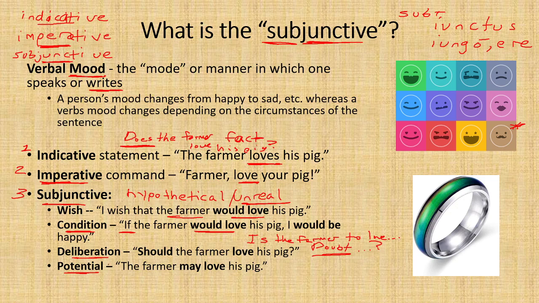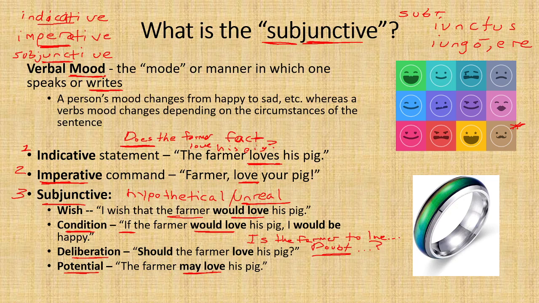And then our final little example, not necessarily an exhaustive list, but this is just one other way, is potential. So the farmer may love his pig. So in this situation, again, we don't necessarily have a statement of fact. We just have some general potential situation, depending on some other circumstance. It doesn't necessarily have to be given, but we can have this just stand on its own as well.